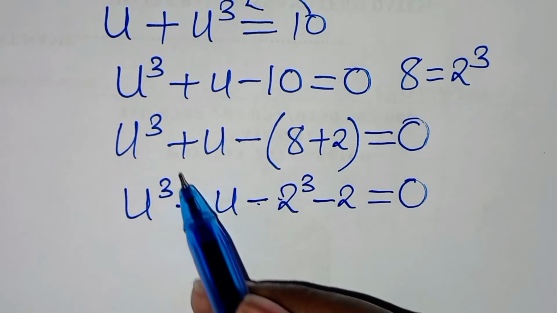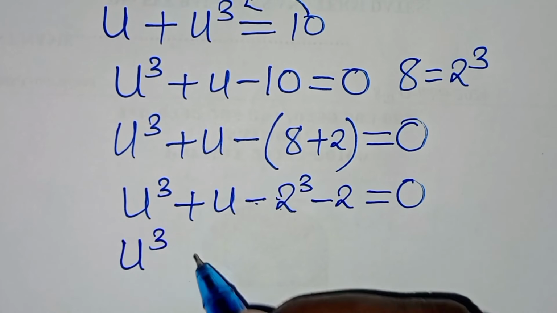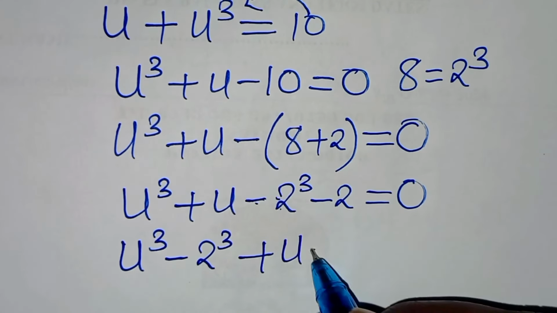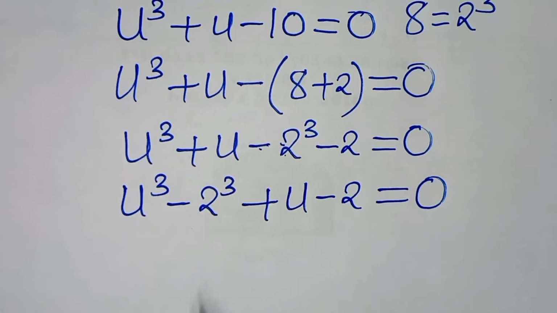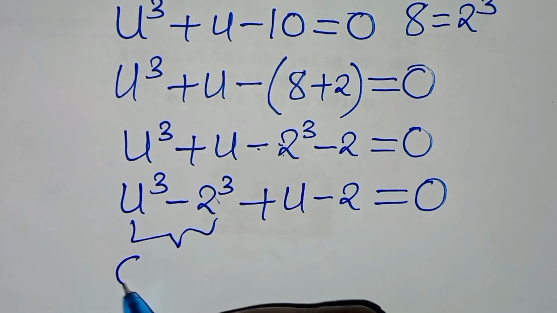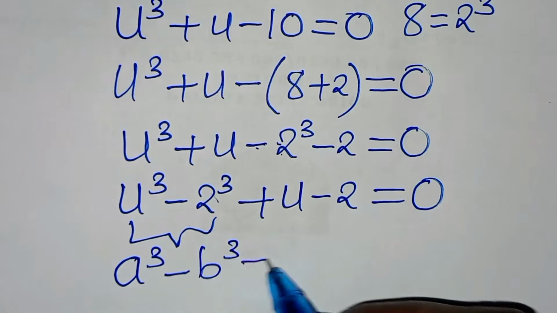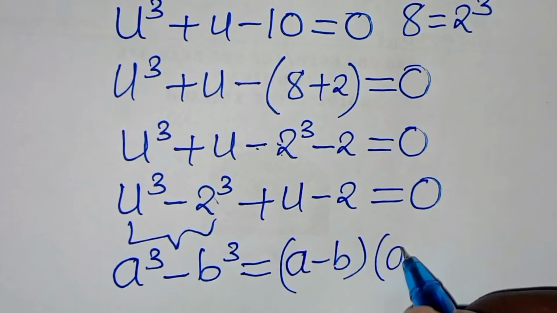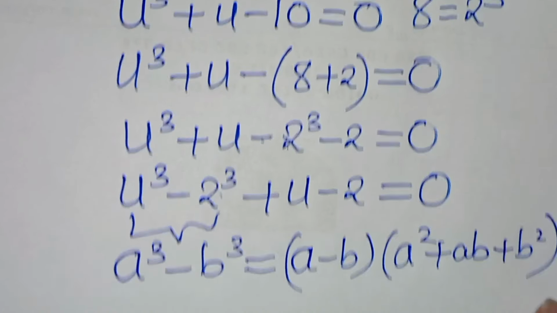So we have u to the power of 3 here and 2 to the power of 3. So we have u to the power of 3 minus 2 to the power of 3, then plus u minus 2, this is equal to 0. Now, this particular part here, this is the difference of two cubes expressed as a to the power of 3 minus b to the power of 3, which we can express as a minus b, a squared plus ab plus b squared.